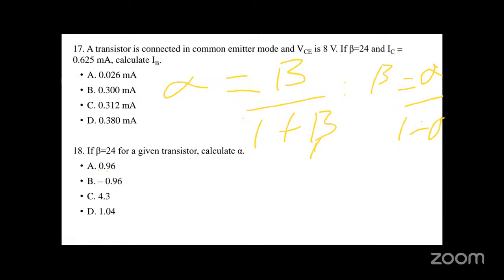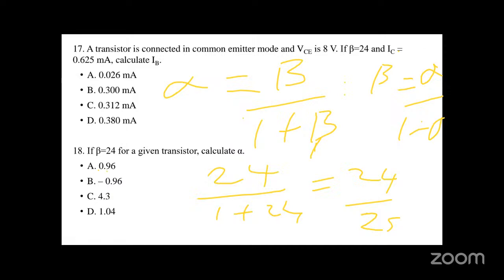If you simplify this and make alpha the subject, you have alpha to be beta over 1 plus beta. So beta is 24, 1 plus 24. That is 24 over 25, very close to 1.